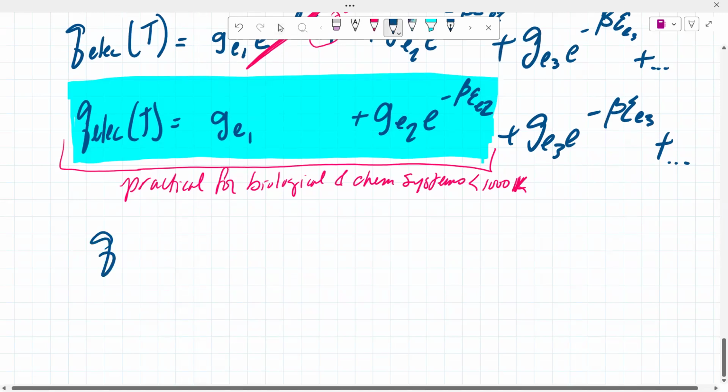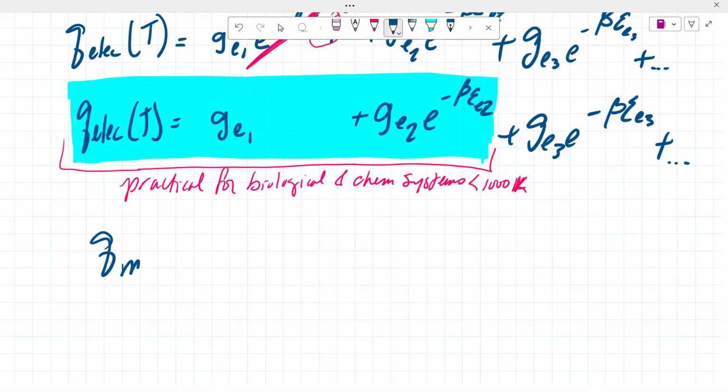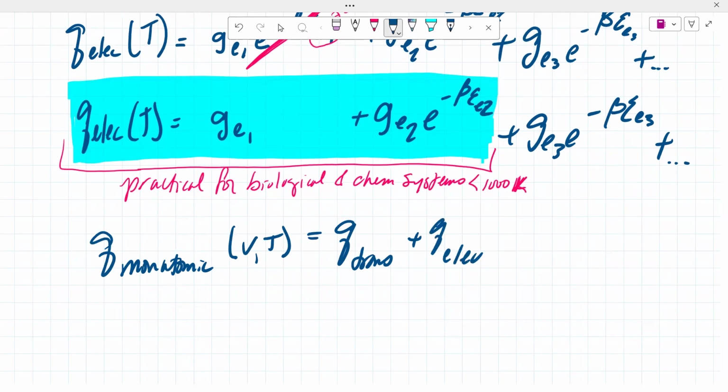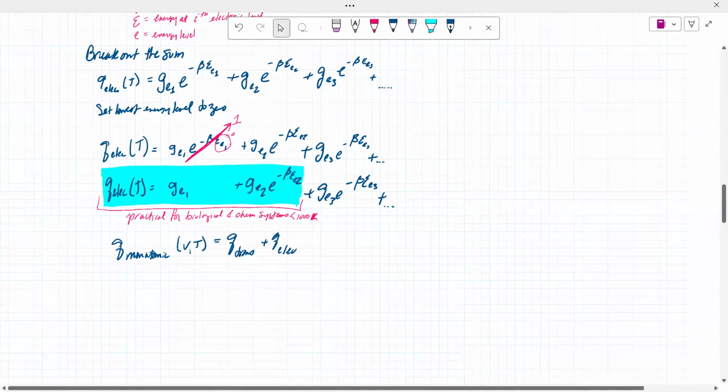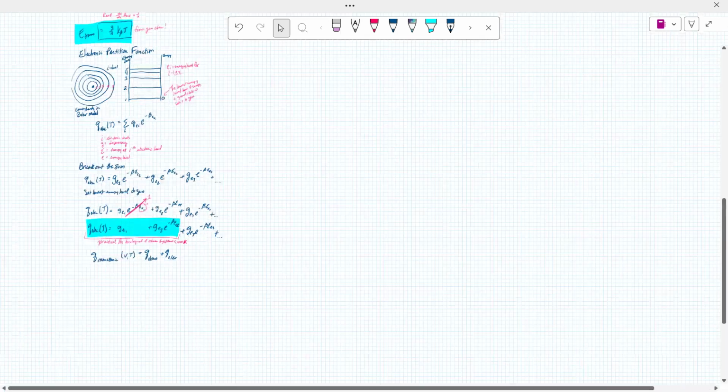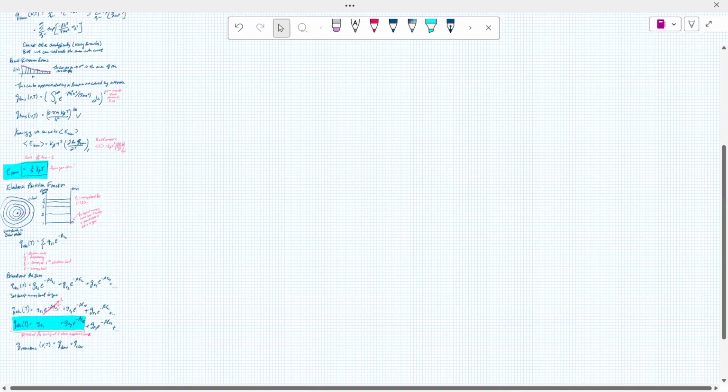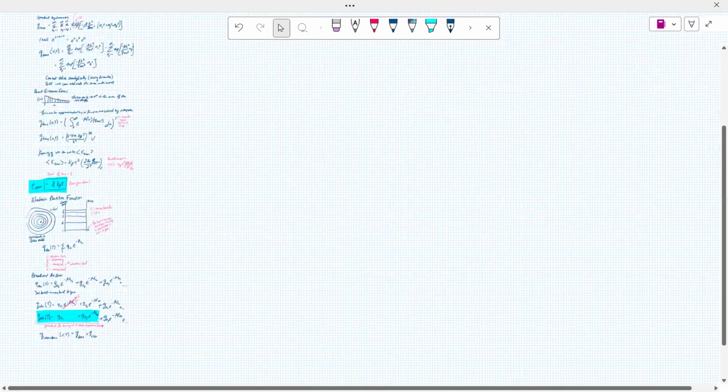So now we have Q monatomic of V and T equals Q trans plus Q elect. Right, and so we could go back and write out the two. So there we have our solutions, right?